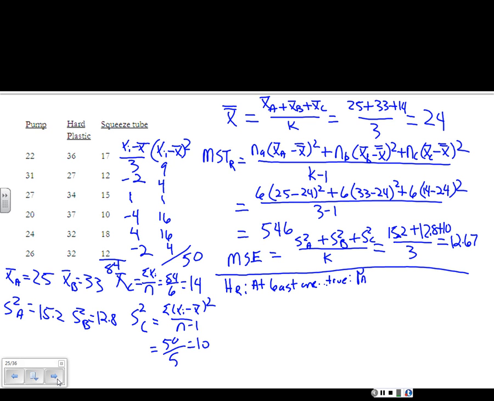Mu A not equal to mu B. Mu A not equal to mu C. Mu B not equal to mu C. Make sure you get the at least one, because it's not all of them or just one of them, it's at least one. And H0 is that all three population means are the same, or that they could be the same.